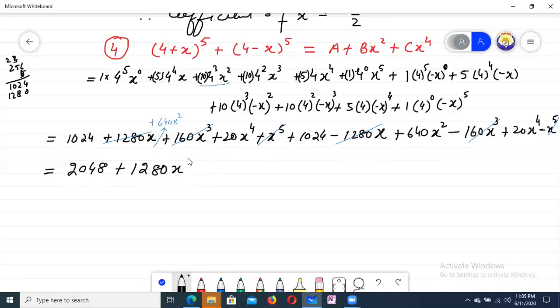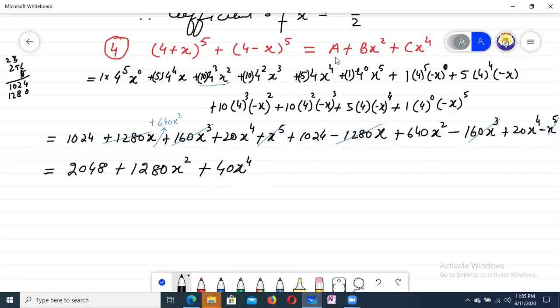Then 20x raised to the power 4 plus this 20x power 4, 20 plus 20 is 40x raised to the power 4.